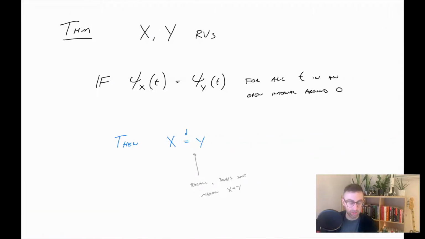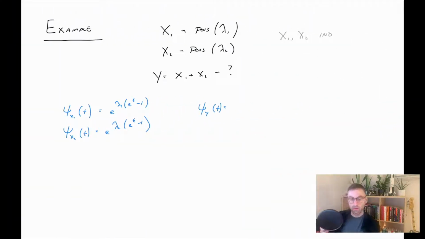Because I'm adding together two independent random variables, I can simply multiply their two moment generating functions together. So that's e to the lambda 1 (e to the t minus 1) times e to the lambda 2 (e to the t minus 1). I can do this algebra, so I don't have to be too lazy there. So that's e to the (lambda 1 plus lambda 2) times (e to the t minus 1).